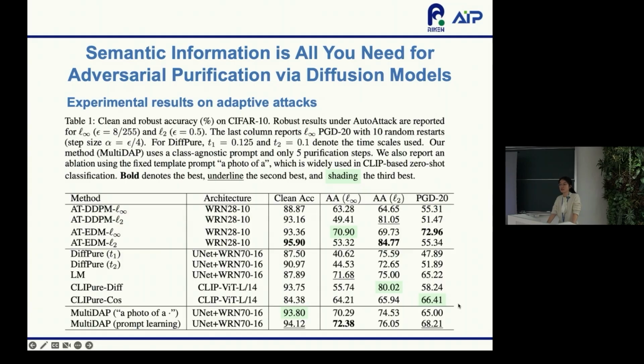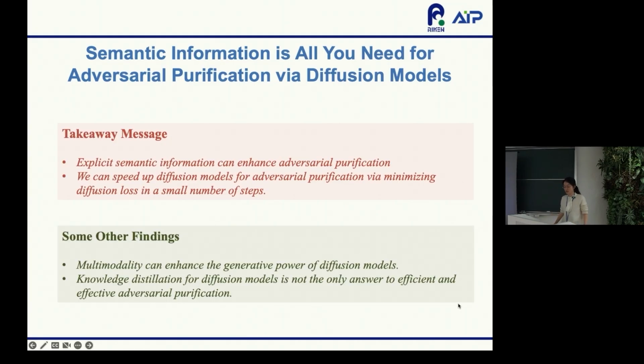Just a quick summary: explicit semantic information really helps generative model-based adversarial purification. We can also speed up the diffusion models for adversarial purification based on only minimizing the diffusion loss. There are some other findings that multimodality will probably be really helpful as well, so the prompt maybe can be designed in other interesting forms, such as audio or more modalities.